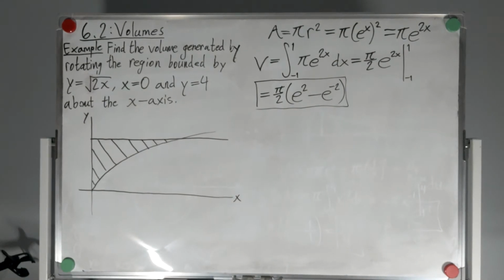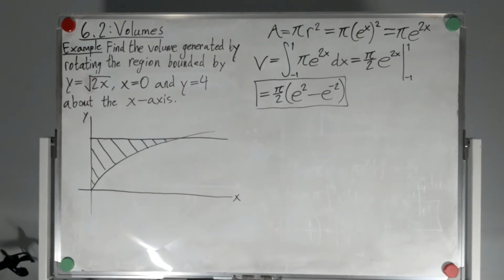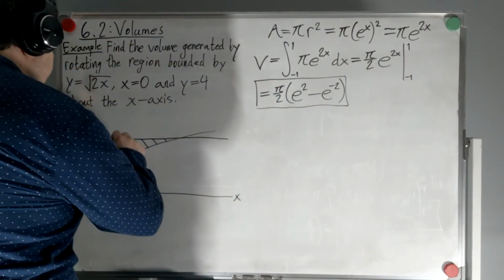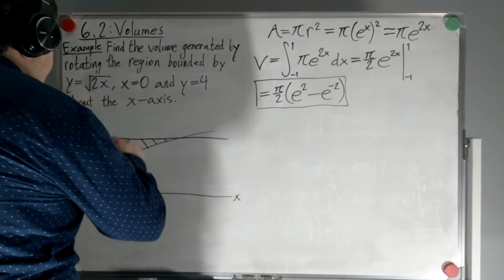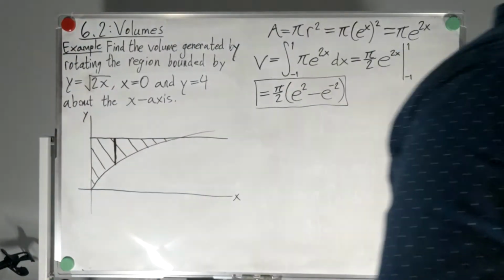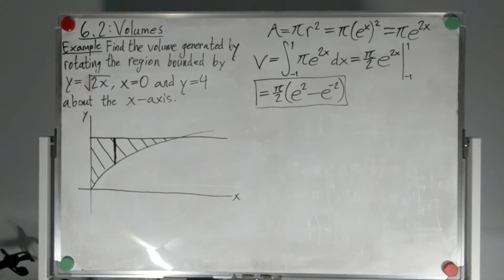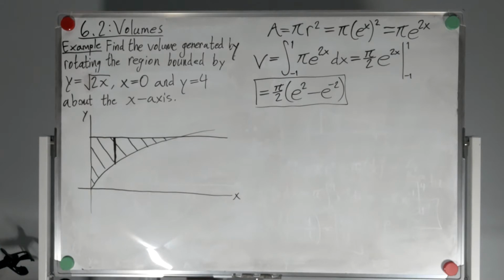All right. So if we're going to revolve this around the x-axis, then we need to take a typical vertical slice of this region. But you might notice that this one is a little bit different. We take our vertical slice, it looks kind of like that. But then if you rotate that around the x-axis, that's not going to give you a disk.